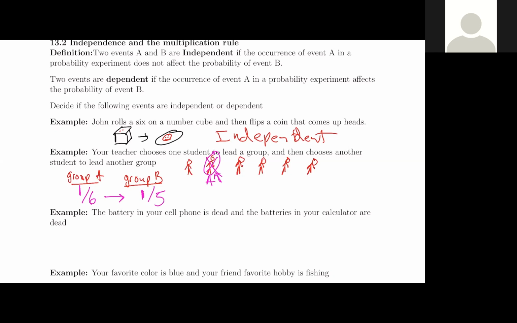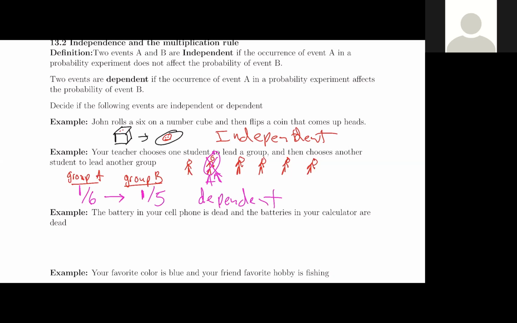So the probability did change, so that will make this dependent. If the probability would have remained the same at 1 out of 6, it would have been considered independent. But since me selecting a person and not being able to select that person again changed that probability, that's why I consider it dependent. All right, any question why that one is dependent?